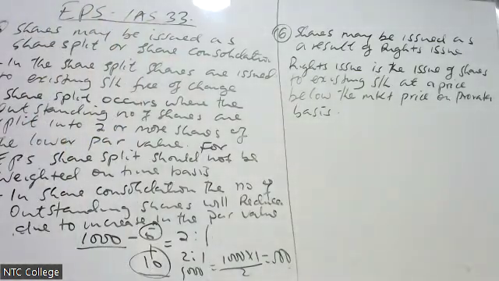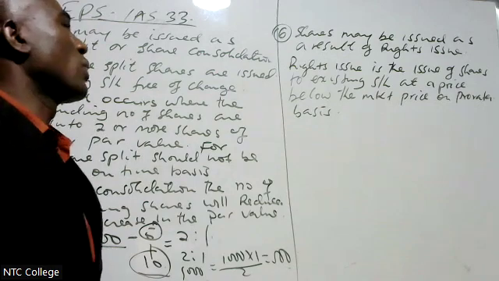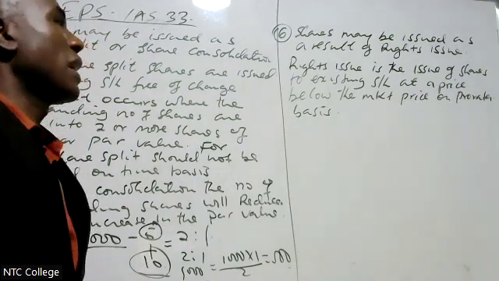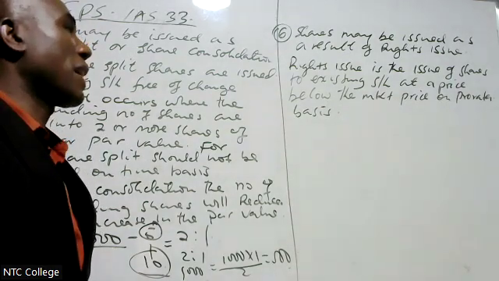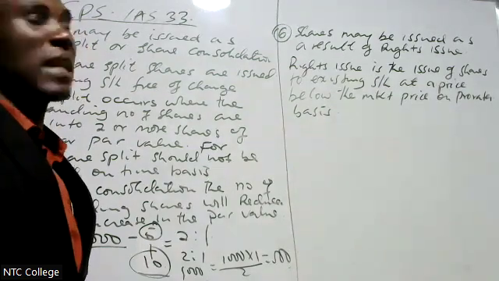Shares may be issued as a result of the rights issue. We are saying rights issue is the issue of shares to the existing shareholders at a price below the market price on pro rata basis.